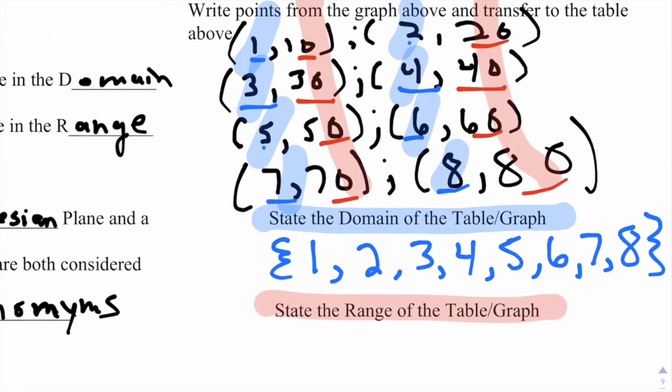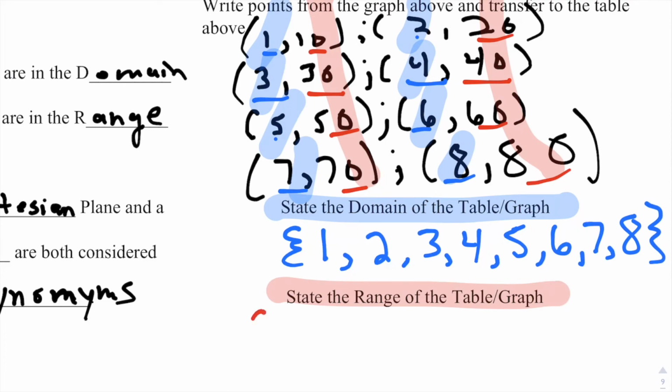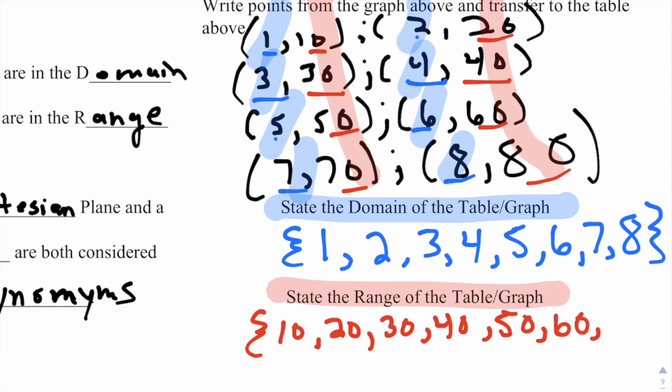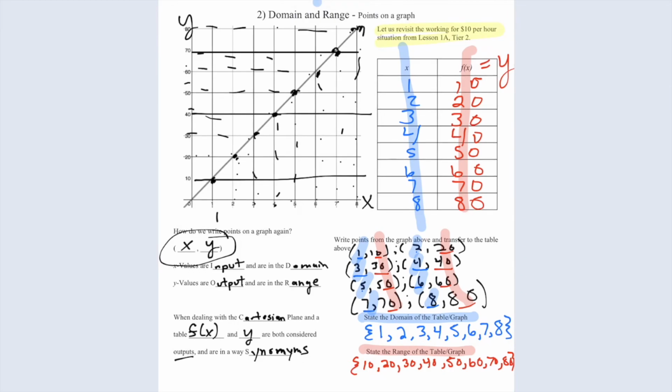To state the range, we would have in set builder notation 10, 20, 30, 40, 50, 60, 70, and 80. And that is how you find the domain and range from a table and from points on a graph.